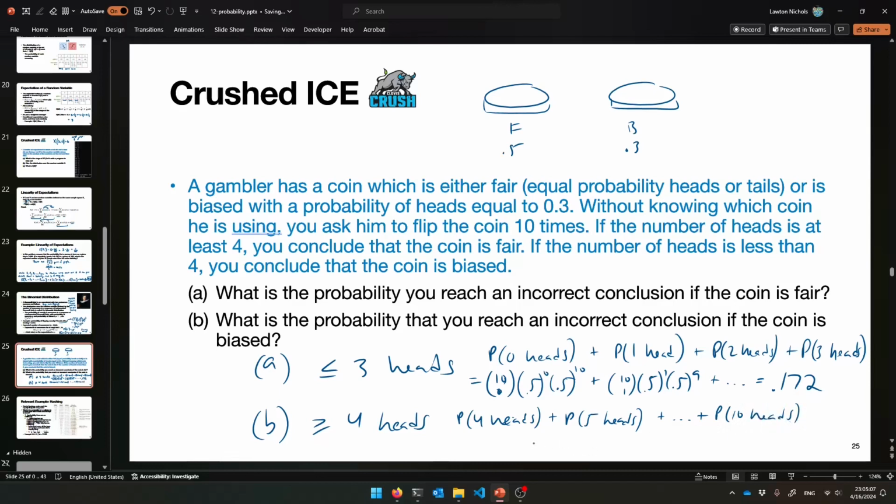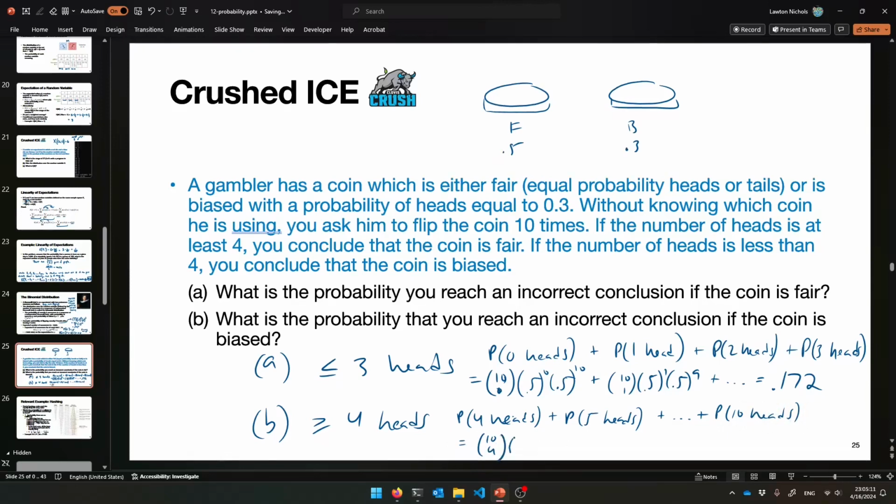All right, and so you're going to add all those up. That's going to be equal to what? This is now 10 choose 4 times the probability of the biased coin giving you a success, or heads. That's 0.3 to the 4, because you're seeing 4 heads there, times 0.7 to the 6th power, because that's how many tails you got, and that adds up to 10. So if you do all those, that gives you 0.35. So that is a 35% chance that you were fooled by the biased coin, which is interesting.